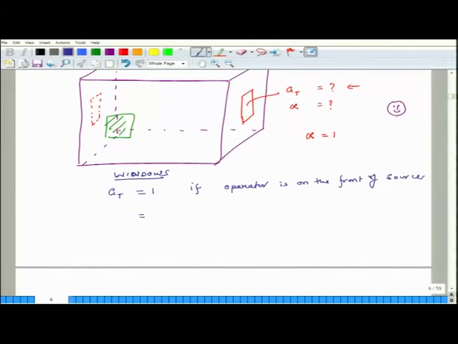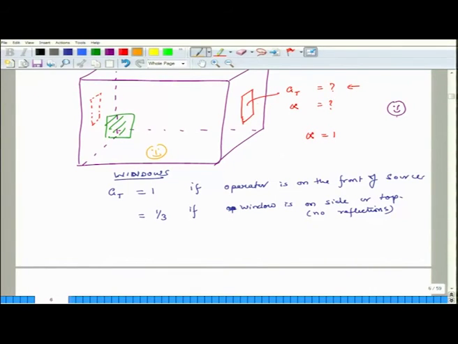AT equals 1 by 3 if the window is on the side or top relative to the operator, and there are no reflecting surfaces. What do I mean by reflecting surfaces? Suppose the operator is on this side, and the window is on this side.